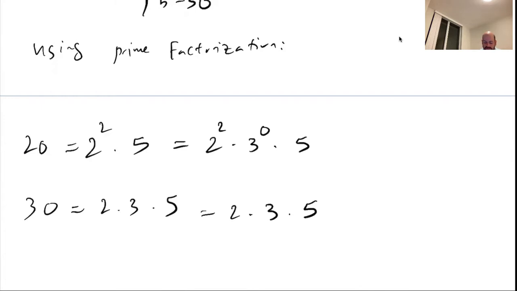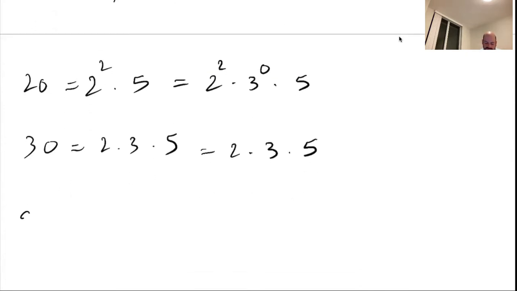Okay, now then, GCD of 20 and 30. Once you write it in the form where the same prime numbers appear in both, then we just need to simply choose the minimum power for each prime number. So the first prime number is 2. So the minimum power between 2 and 1.